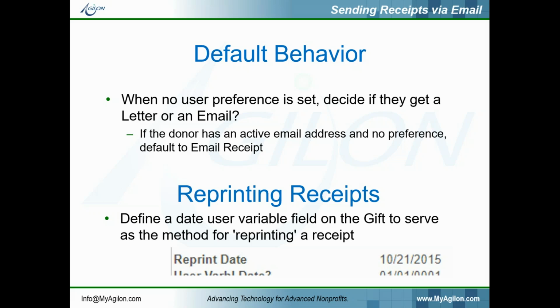And for any gift that has a reprint date that's the same as today, or the date that your process is running, that gift would get included then in either the email process or the letter process. So it works really cool. You don't have to do anything special. It just gets picked up in that daily process, and there's no extra work that you need to do.